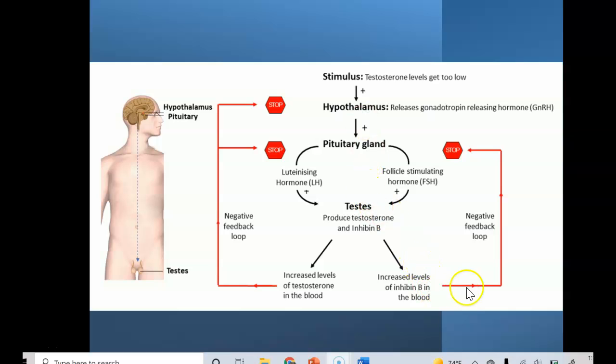And also, as the inhibin levels start to increase, they will affect the anterior pituitary gland and they will stop the release of LH and FSH. And this is how the levels of testosterone are going to be maintained within the body. That summarizes the physiology of spermatogenesis in a nutshell.